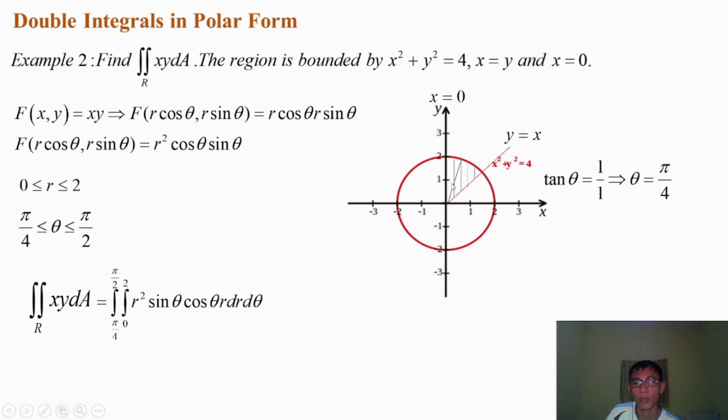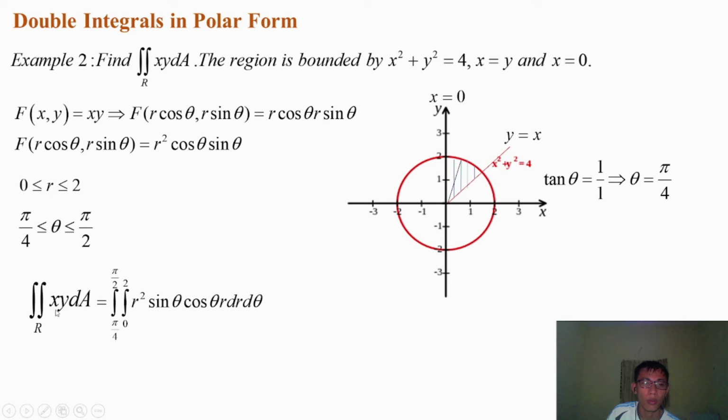We can do it as before by drawing a line from the origin to the surface of the circle, and we can see that our r is bounded from the origin to the surface of a circle, which has radius 2. That means our r is bounded from 0 to 2, and our theta is bounded from here to here, which is from pi over 4 to pi over 2.